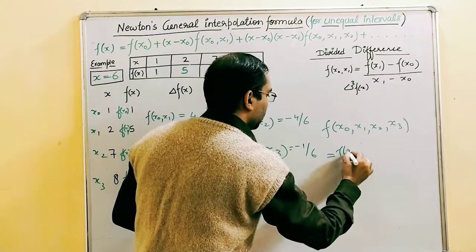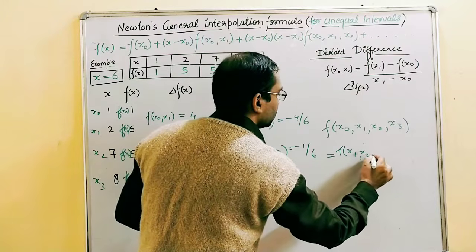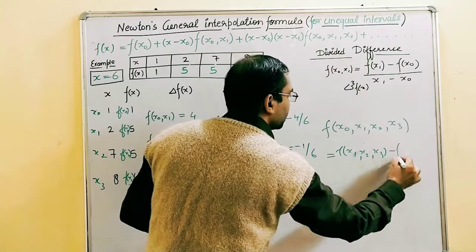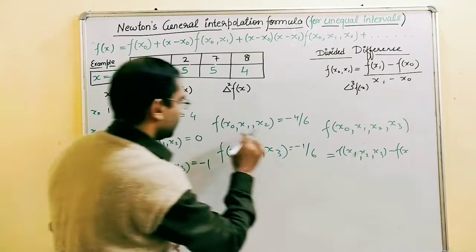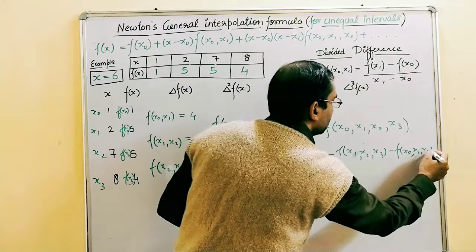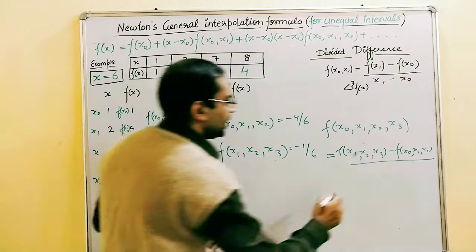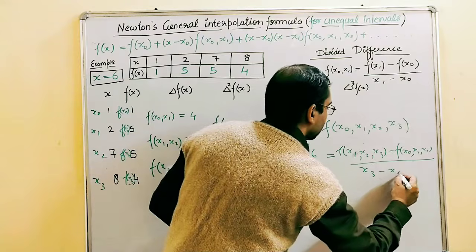So this will be f of x1, x2, x3 minus f of x0, x1, x2, divided by the last value, x3 minus x0.